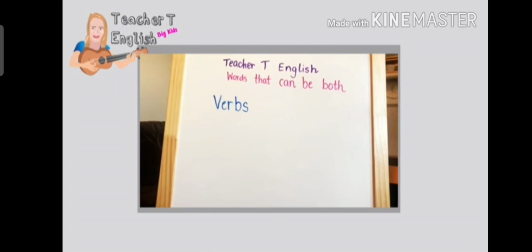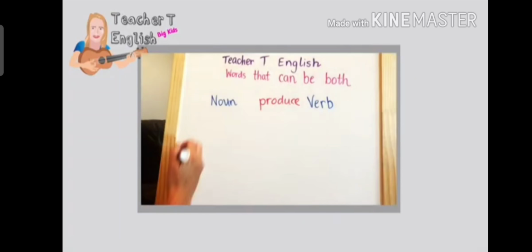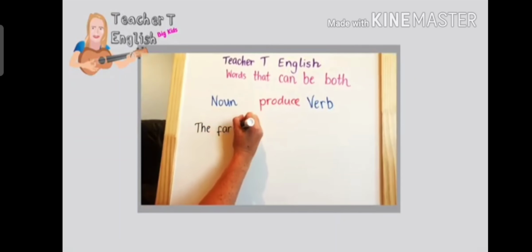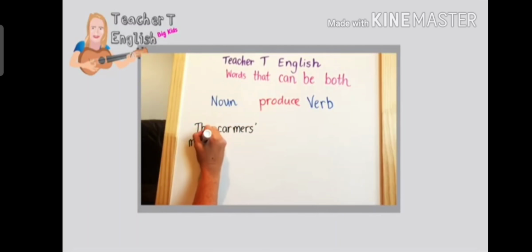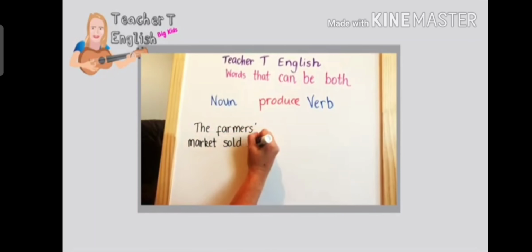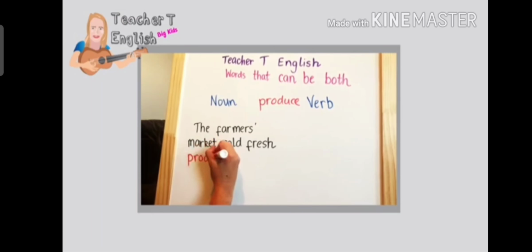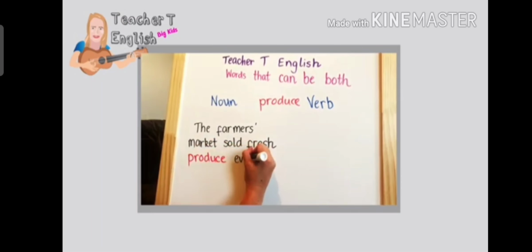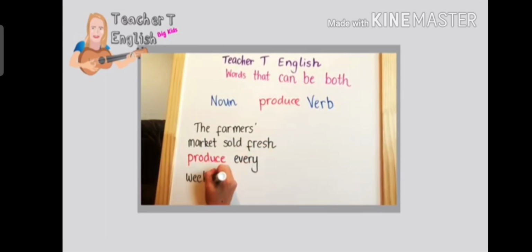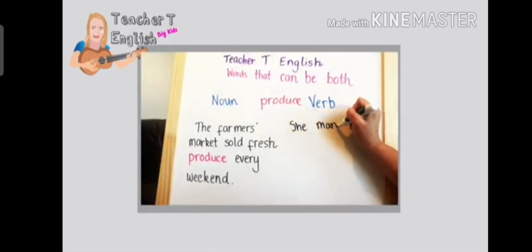Here we can see nouns and verbs are the words that can be both noun as well as verb. As we can see in the given video, we can use one specific word as a noun as well as a verb.